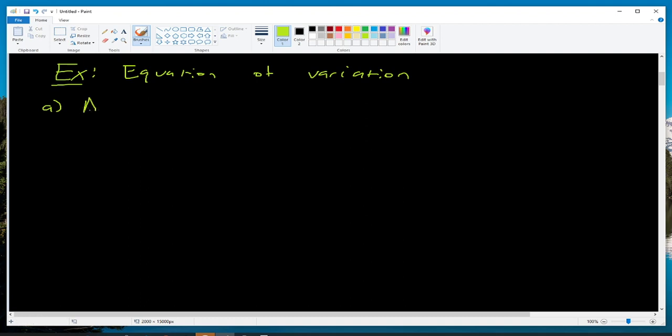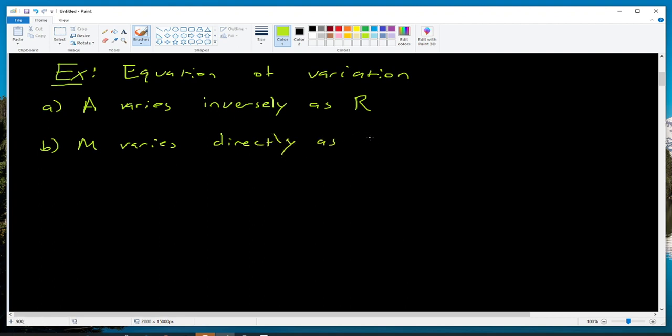We'll say A varies inversely as R. M varies directly as the square root of, let's say, t.